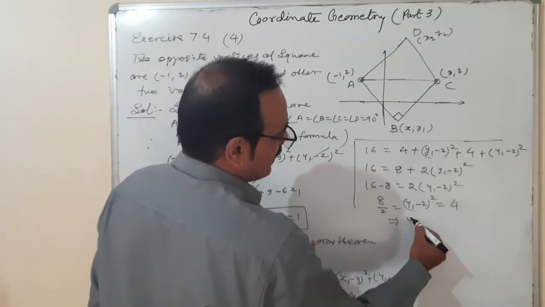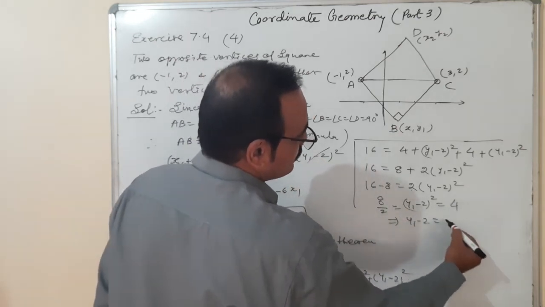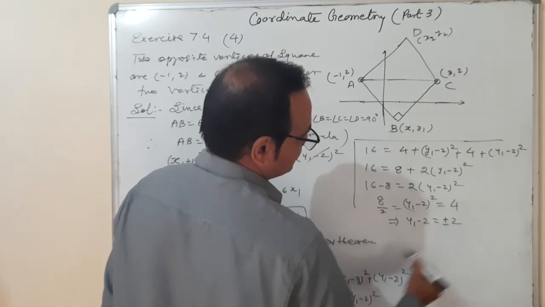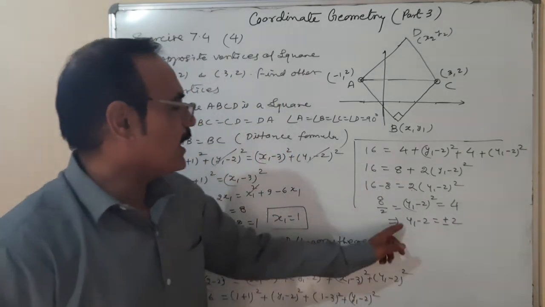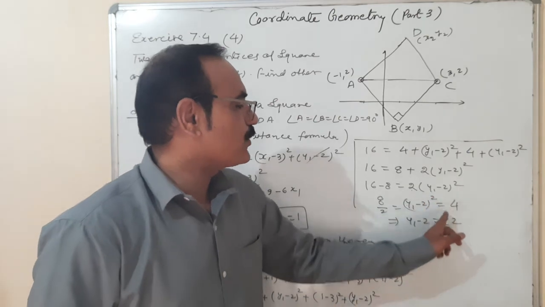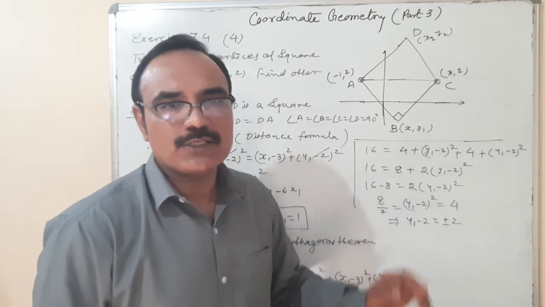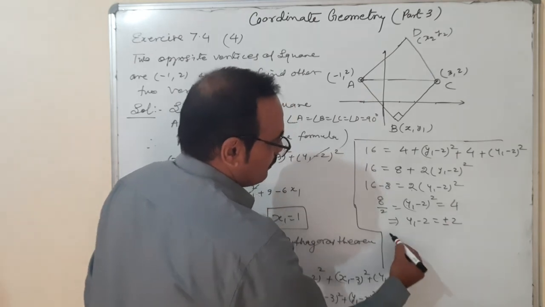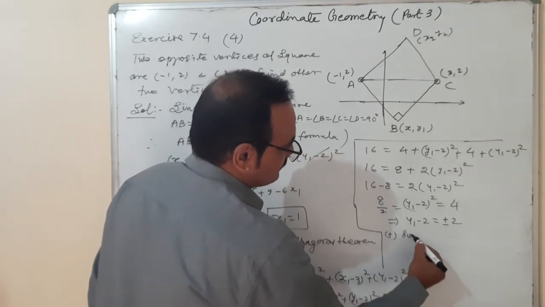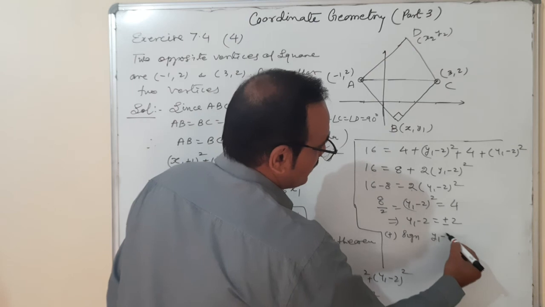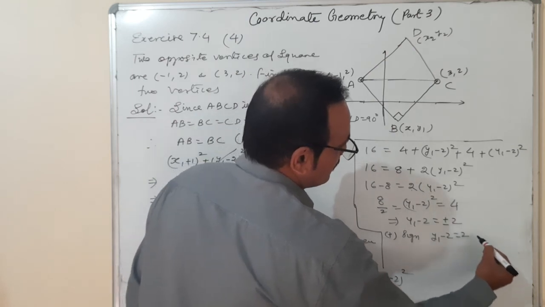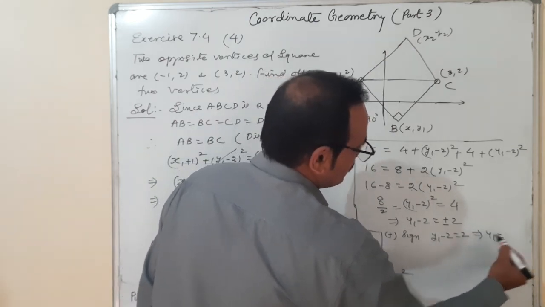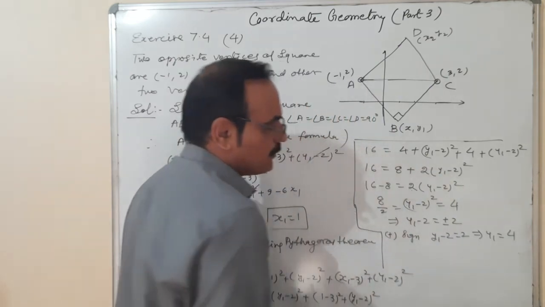That means y1 minus 2 is equal to plus or minus 2, the square root of 4. Taking the plus sign, y1 minus 2 is equal to plus 2, so y1 is equal to 2 plus 2, 4, one value.